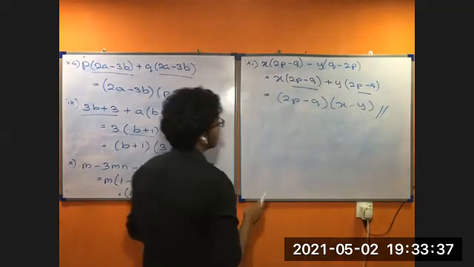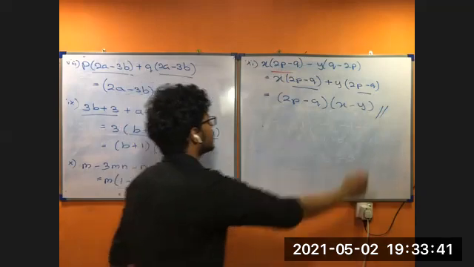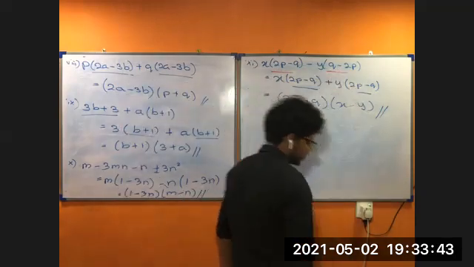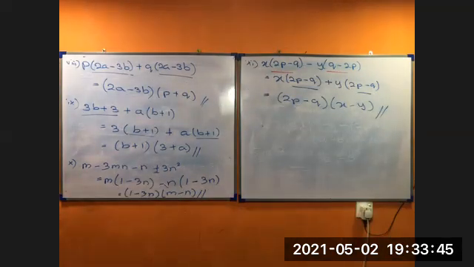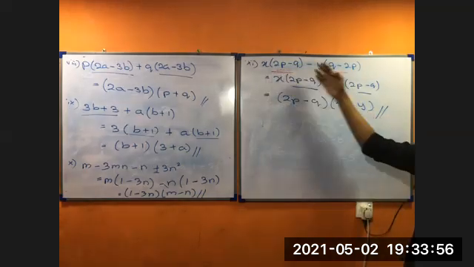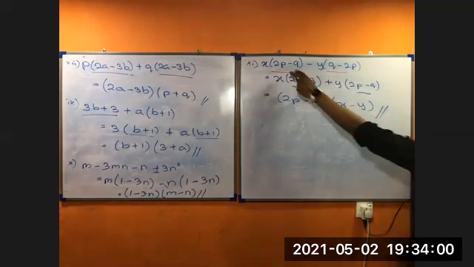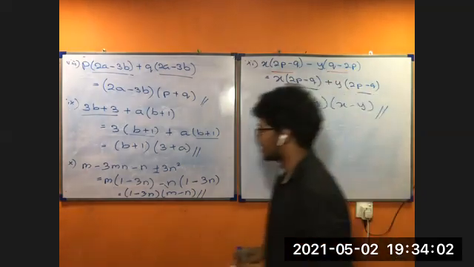So here again, look at this. Here we have 2p minus q, and here we have q minus 2p. So they are not the same.